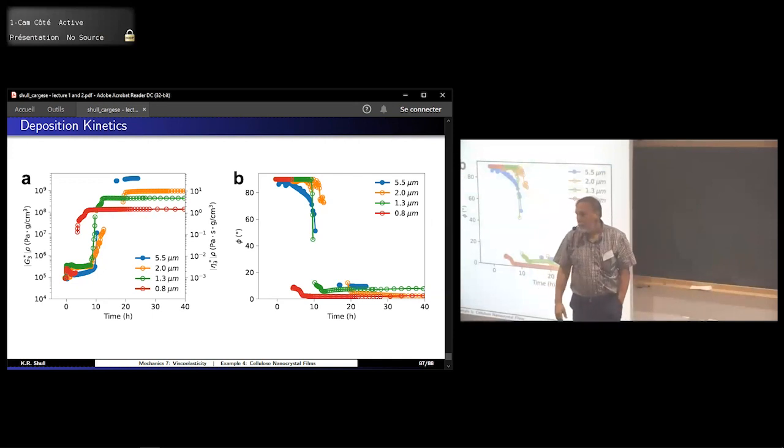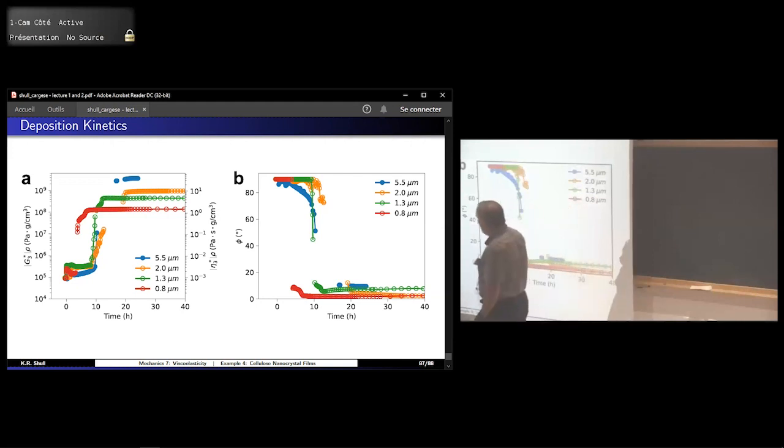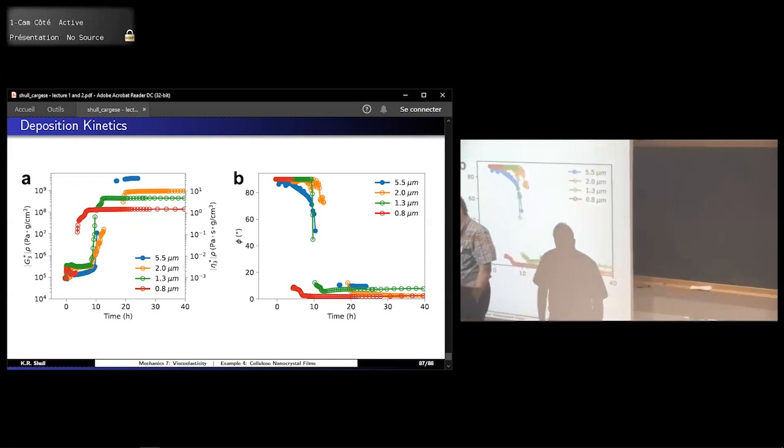What's the difference of modulus or difference of density? Well, all these things have densities not too far from 1. The cellulose nanocrystals are maybe 1.2 or 1.3 or something like that, but it's not different enough to explain much of that.